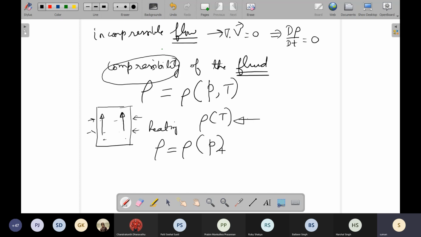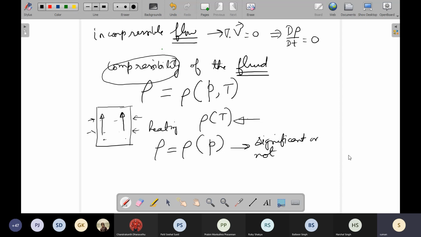That is important or practically significant. Density will always be a function of pressure, so the question is not whether density varies with pressure or not.